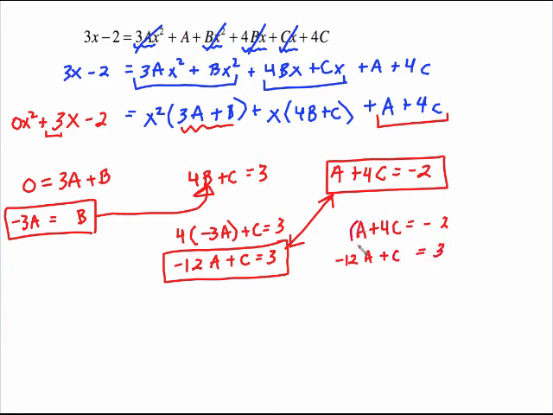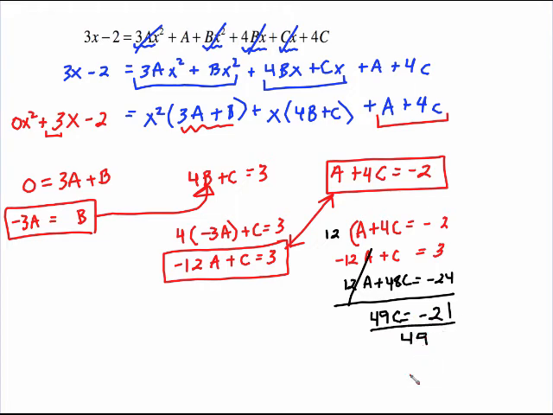So I'm going to just multiply this one all the way through by 12, because that'll be positive 12A plus 48C equals negative 24. The A's cancel out. This gives me 49C equals negative 21.